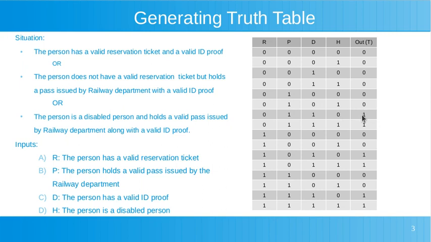So this is not true here but this is true for here. And this pass, disabled person and an ID proof, this will be 1. So these are the ones we get from this situation. Now we will fill the other rows' output values with 0. So this is our output T. So this is how we can make the truth table.